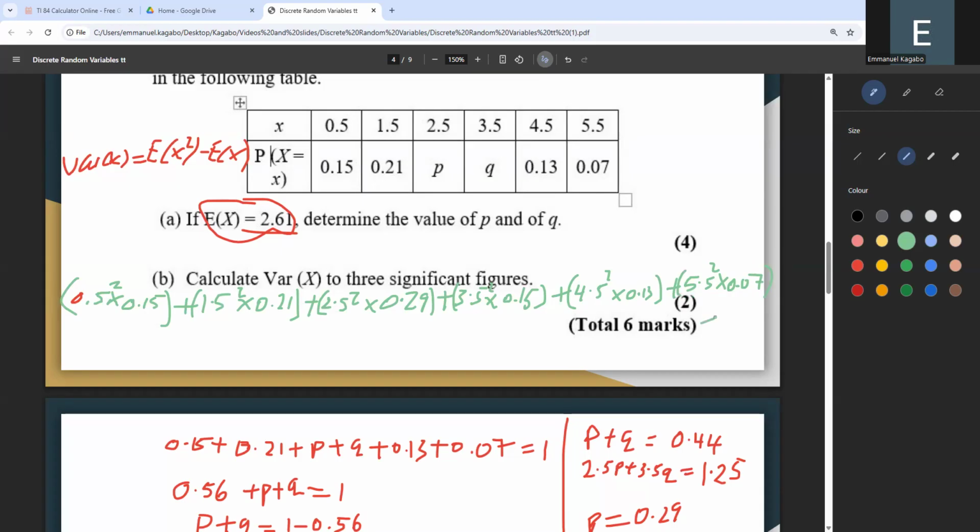Now, this one minus the mean, the expected value we got, squared. When you work that out in your calculator, you are expected to get the answer.